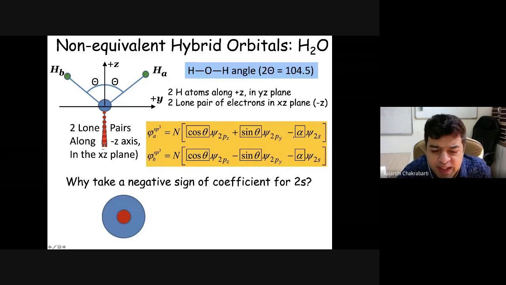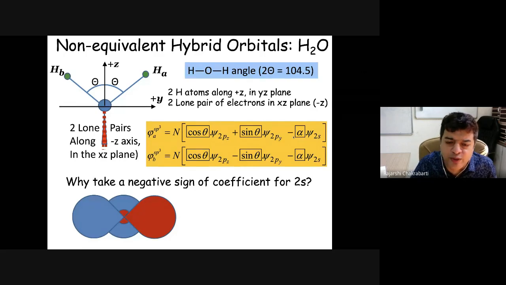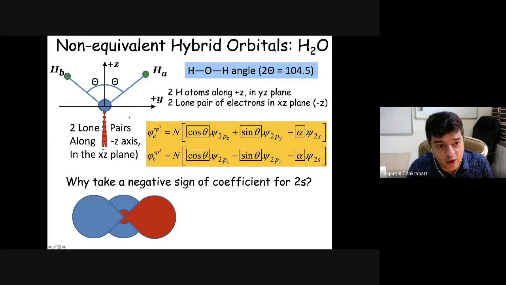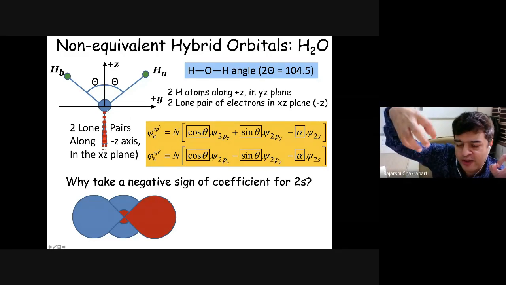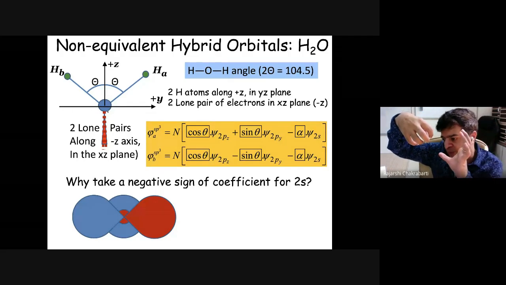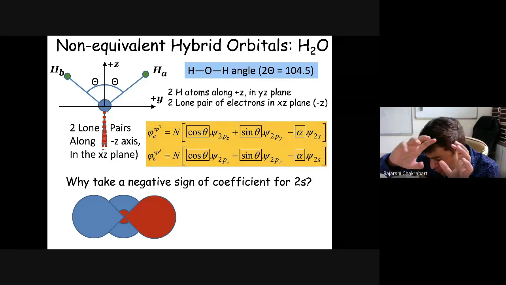Now, why did I put a negative sign? This is just a simple thing, because if you mix this and the orbital, you see that the bigger lobe of the orbital, which will face the hydrogen, is on the oxygen atom, which will bond with 1s of hydrogen. Now 1s of hydrogen is positive, no? It should overlap with the positive lobe of some orbital on the oxygen atom.